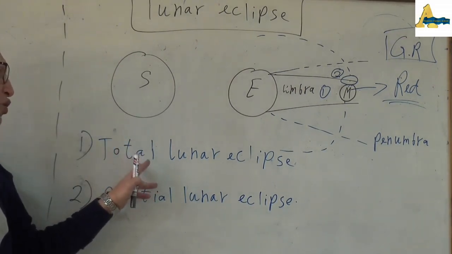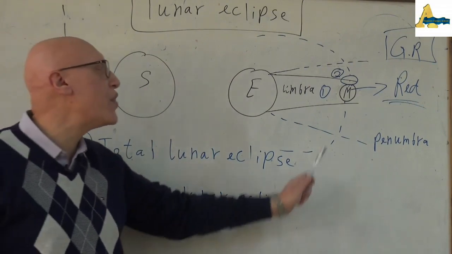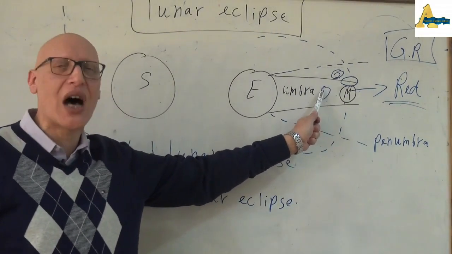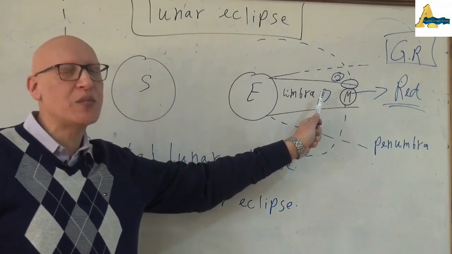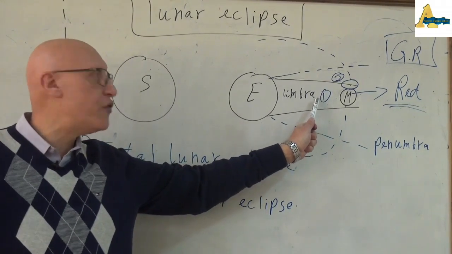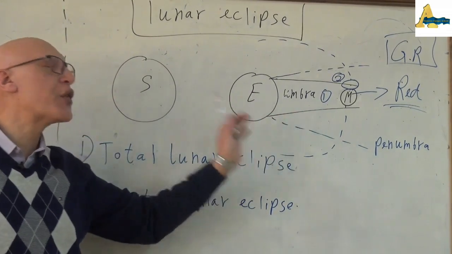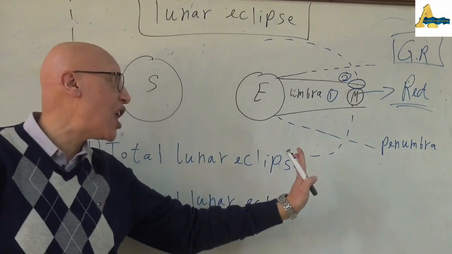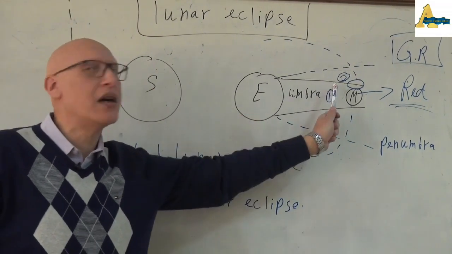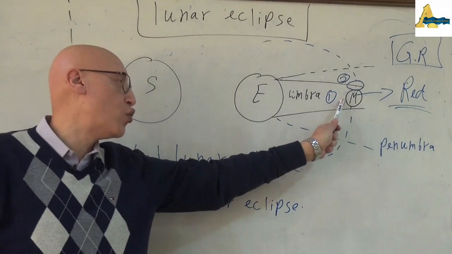When does the total lunar eclipse happen? It happens when the whole moon is in the umbra area, and it seems to be red in color. Give reason: because the earth absorbs all the sunlight and refracts the infrared rays on the moon.